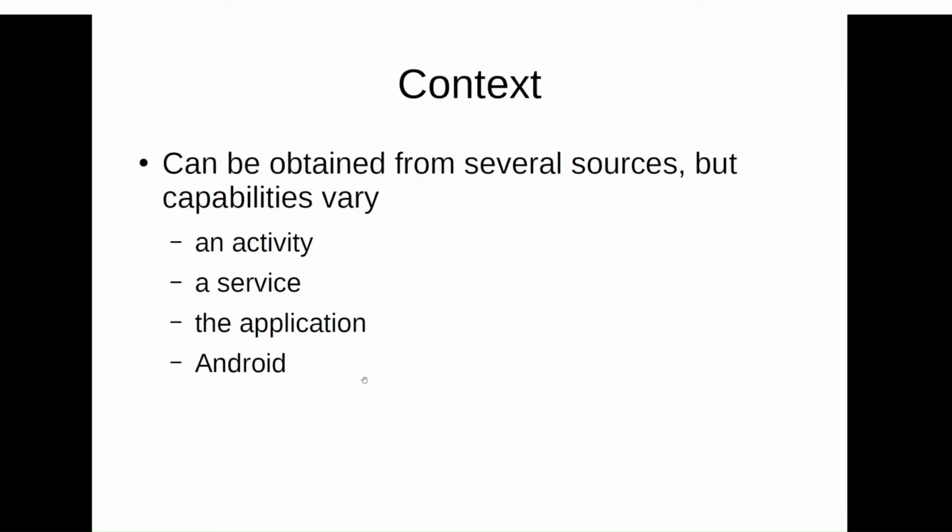Now, the last source of context is just specified as Android. And why is that one specified as Android? Essentially, there are times when certain top-level components, specifically broadcast receivers and content providers, are instantiated or initiated by the system.